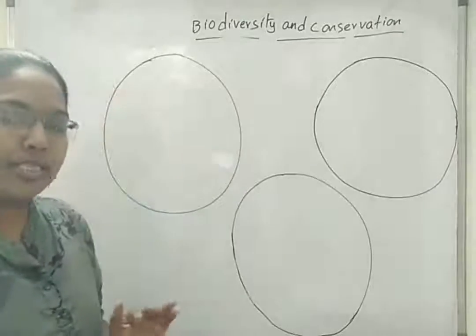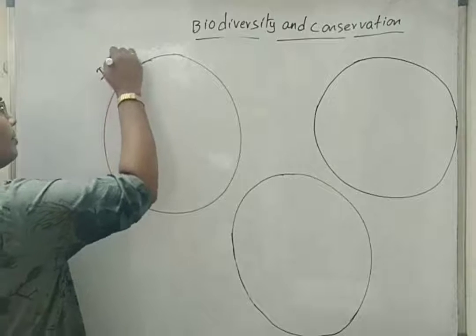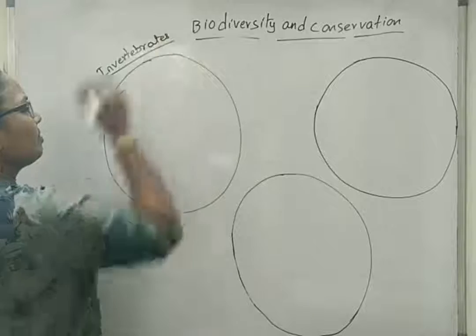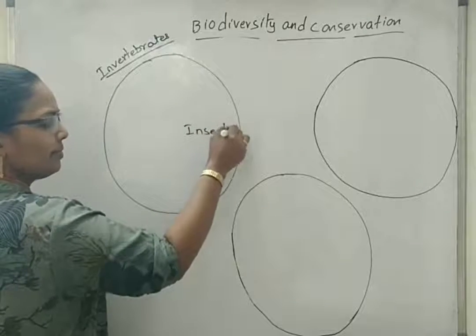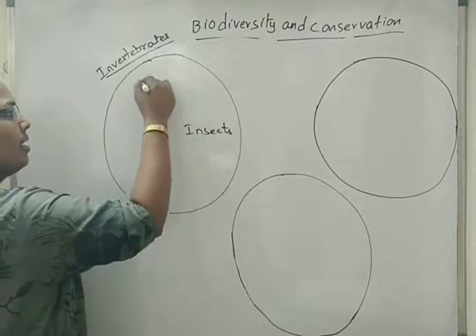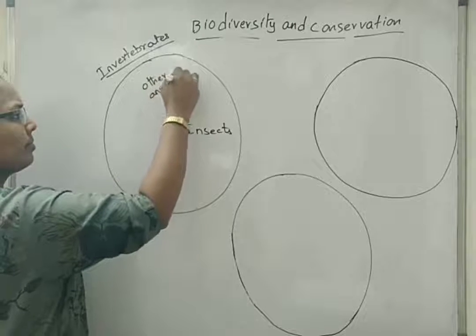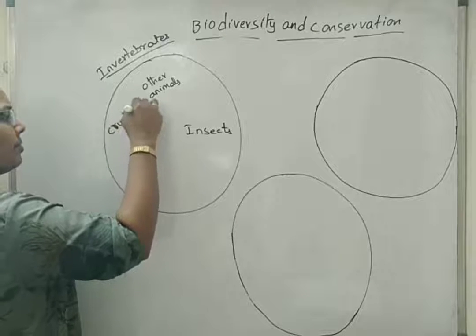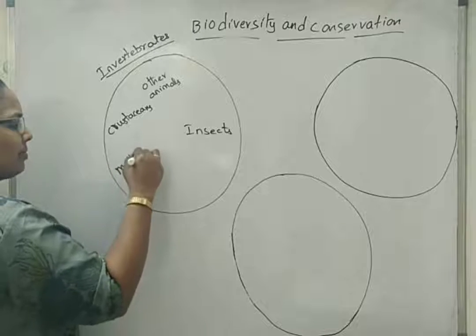Now regarding those 70% of animals, under invertebrates, if we take some of the organisms like insects, next other animals, next crustaceans, next molluscans.